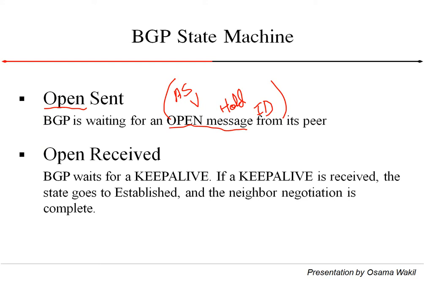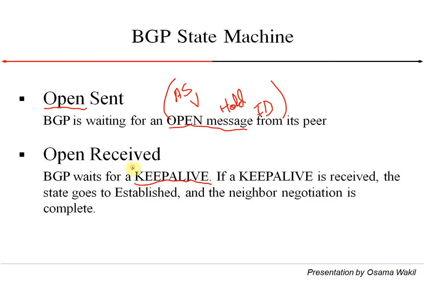Then the next thing we come to is the open receive. Once the open message is sent, it goes to the open sent state. Once it has received the open message and all the parameters of the open message are matched, it waits for the keep alive message. Once it gets the keep alive message, it will proceed to the established state.